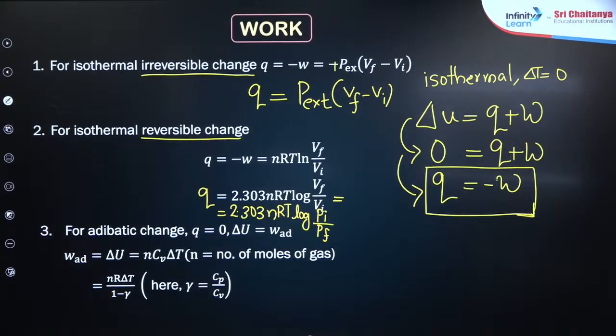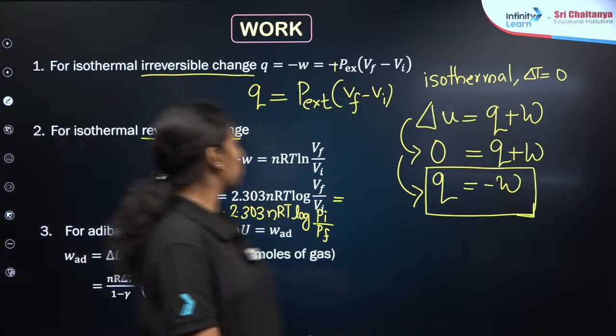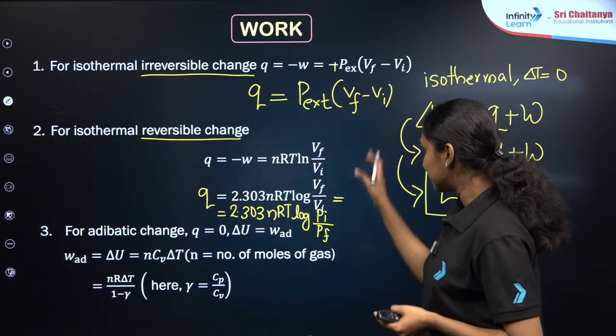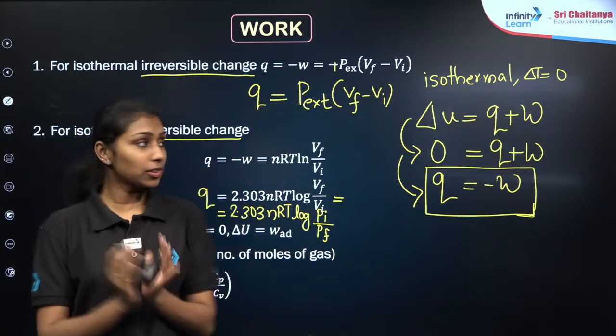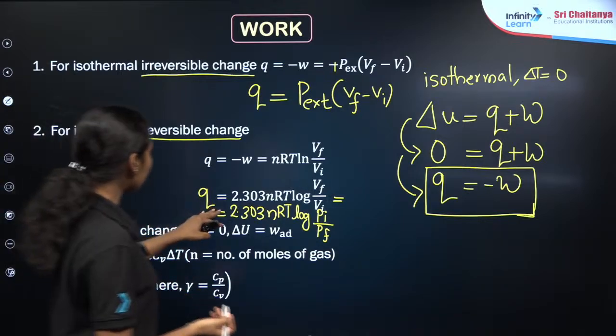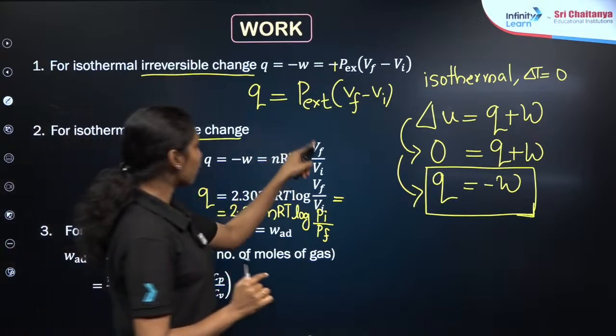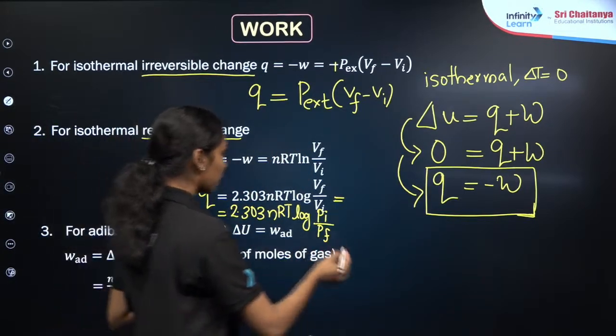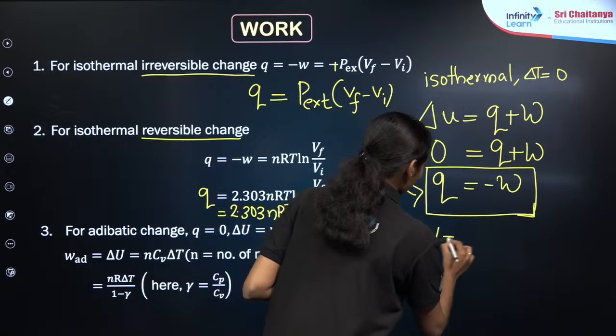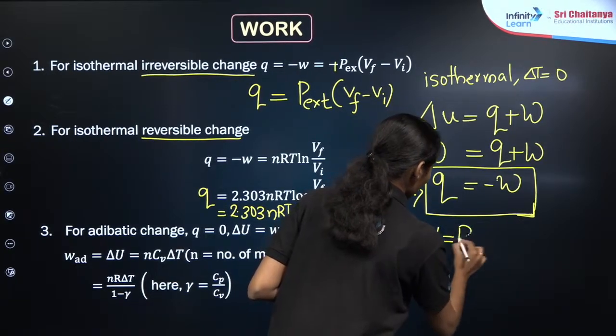Okay, fine. Now we will be checking the isothermal reversible change. Here Q is equal to the negative of work done, that is equal to nRT ln Vf by Vi. We know that PV is equal to nRT, or P1 V1 is equal to P2 V2.